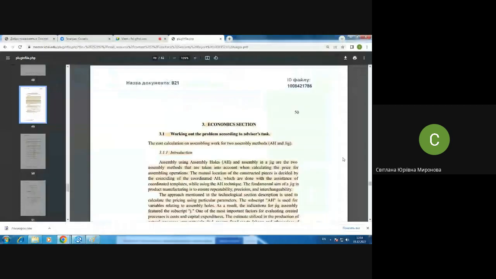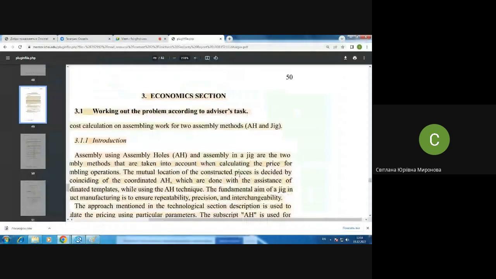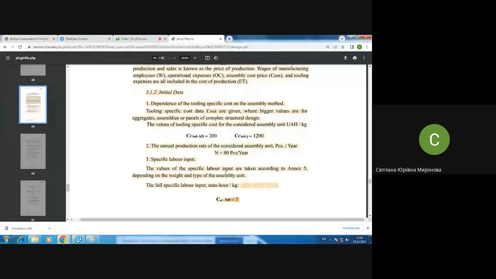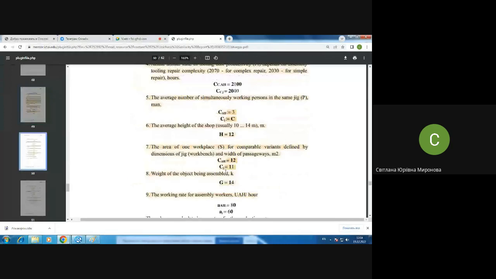Pay attention once again to this text. Salary is calculated... you will see it somewhere next.